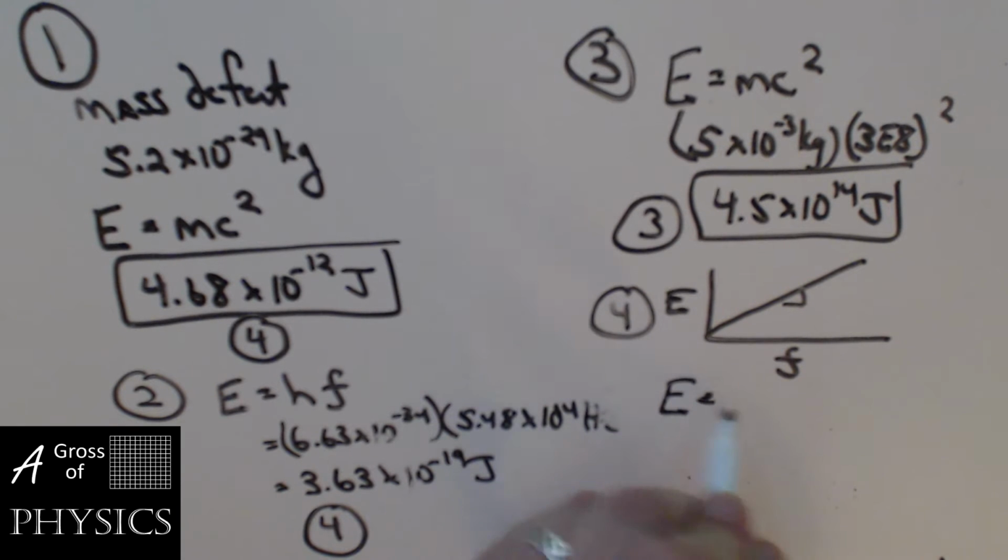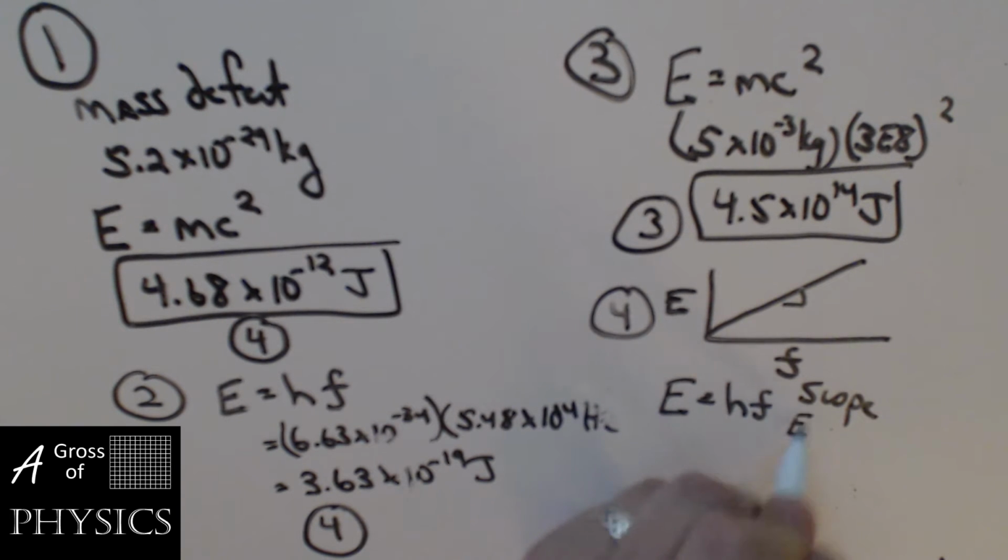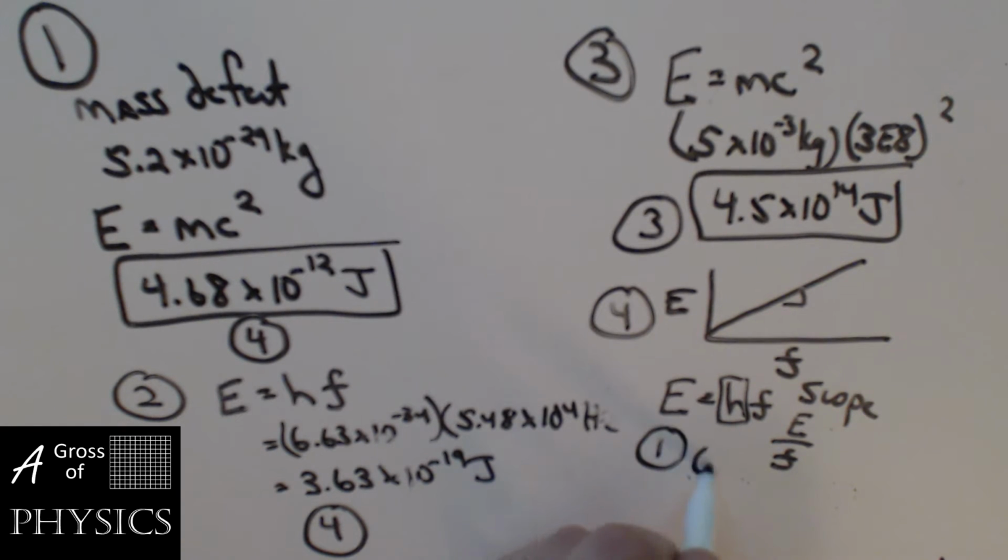So if the equation is E equals hf, and we have slope, which is E over f, what that means is that the slope is going to be h. So it's going to represent Planck's constant, which is choice 1, 6.63 times 10 to the negative 34 joule seconds.